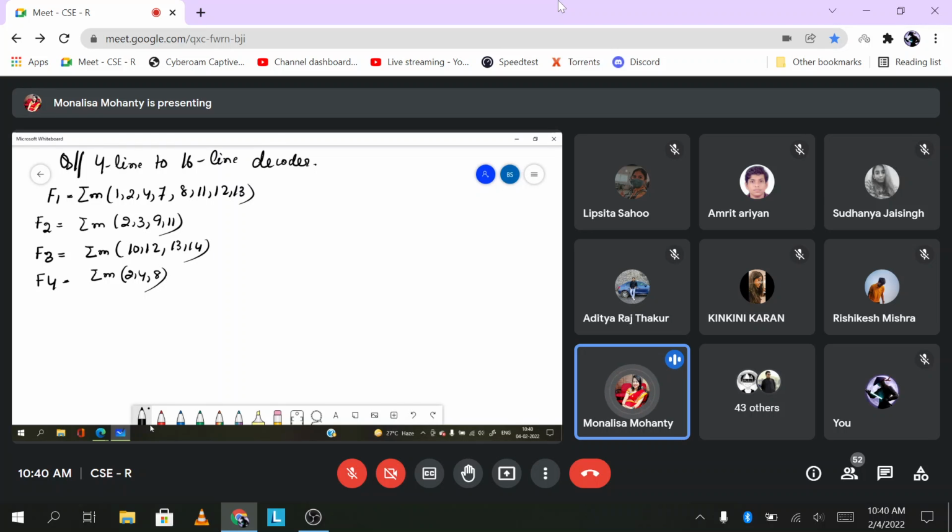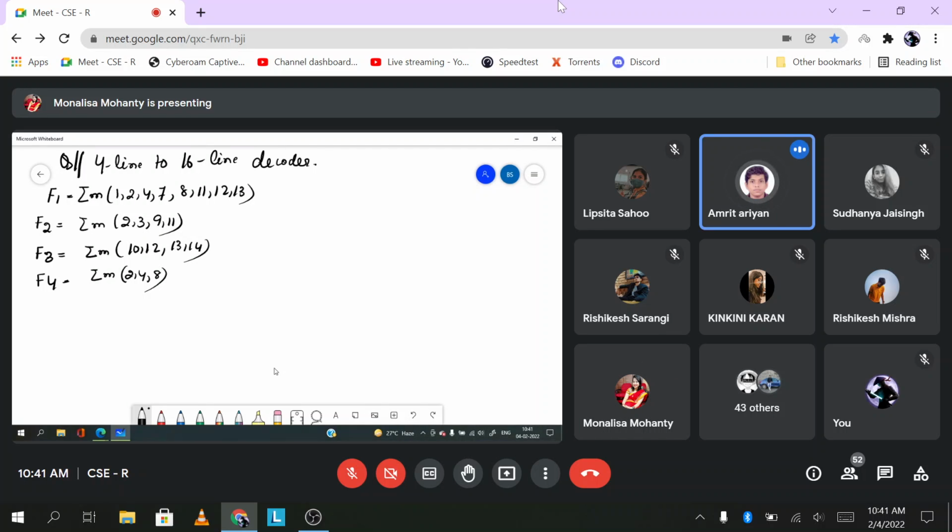All of you have noted this question, 4 line to 16 line decoder. Yes, ma'am. So tell me, for a 4 to 16 line decoder, how many number of input line and how many number of output line you should have? 16 input line, 4 output line, or the reverse one?